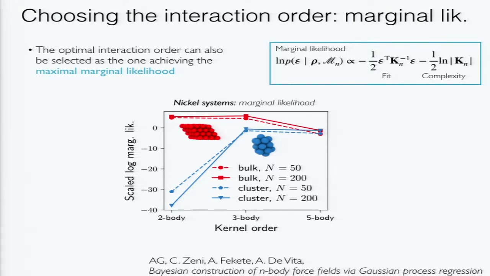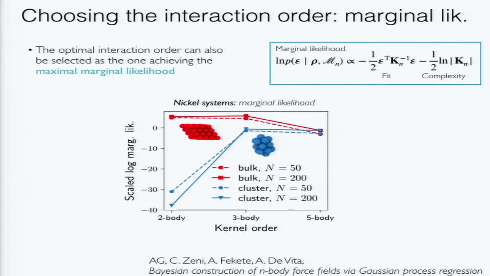So you express the marginal likelihood for your model as a product between, actually a sum because it's a logarithm, between a fitting value and a complexity value. The fitting is dependent only on the error you make on your training set, so the more inaccurate the model, the more important this term will be, and the complexity is a measure of the complexity of your model.